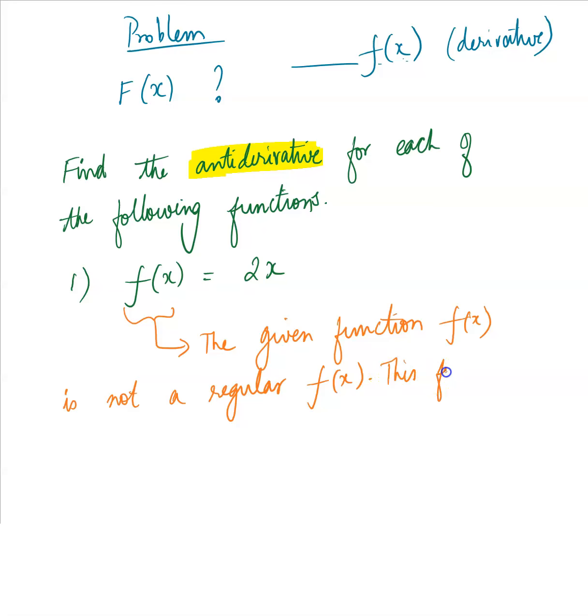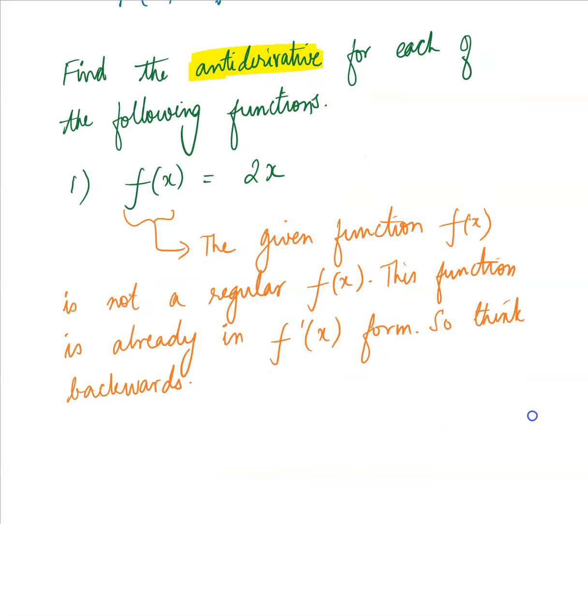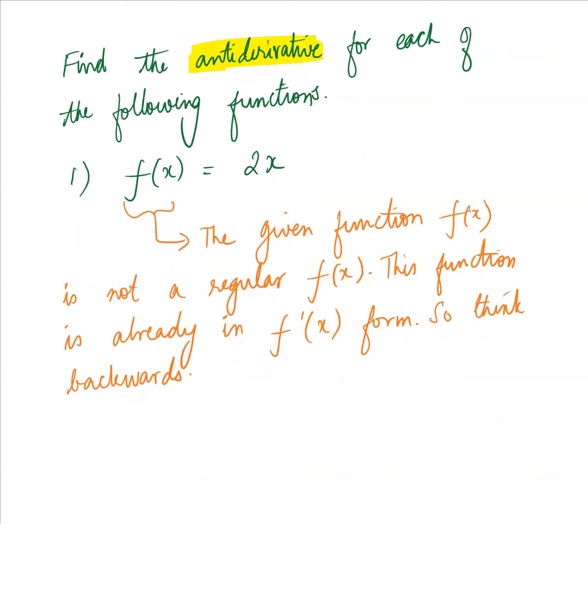Rather, this function is already in the derivative form, right? It's already in f prime of x form. So we need to think backwards. What function should I have so that its derivative will give me 2x? So you have to do it all in reverse. It's like rewinding those steps.